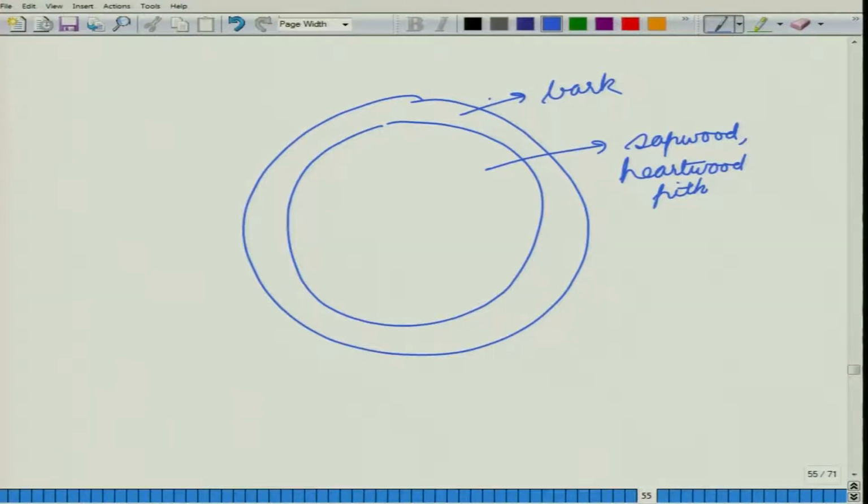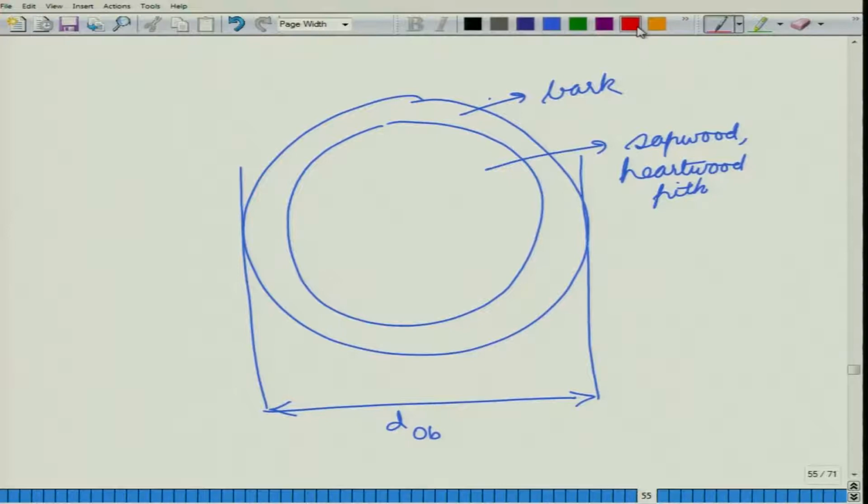If you wanted to measure the diameter of your logs, you could measure 2 diameters. One is your diameter over bark, which is this complete diameter from one end to the other. You could also measure the diameter under bark.